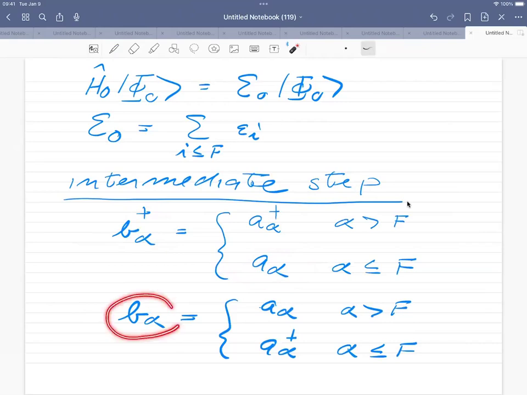On the other hand, B alpha destroys a particle in a state if alpha is larger than F, and it creates a particle in case alpha is less than F. So B alpha dagger creates a vacancy, a so-called hole state, if alpha is less than F.